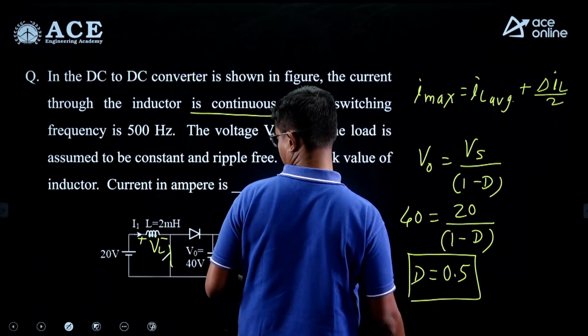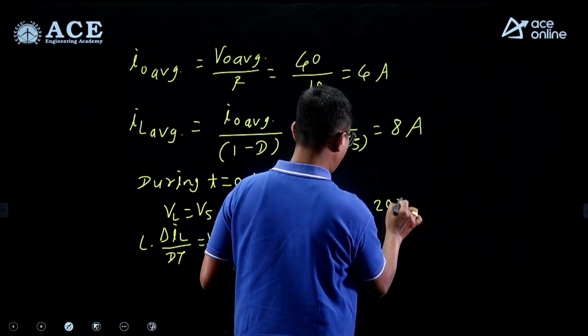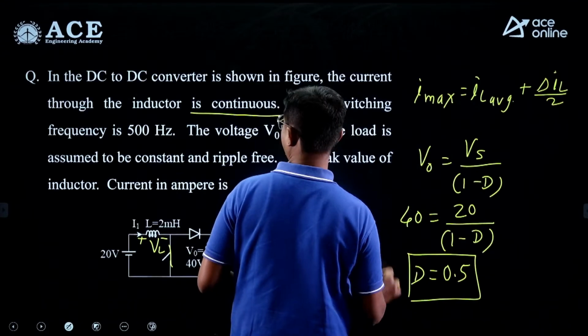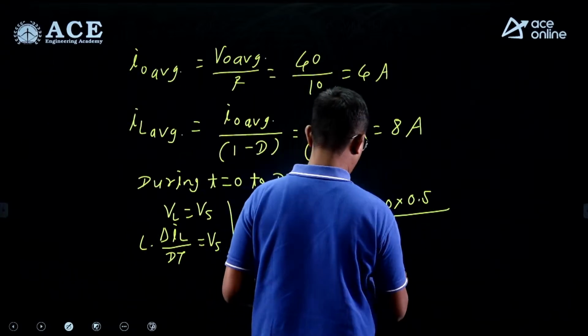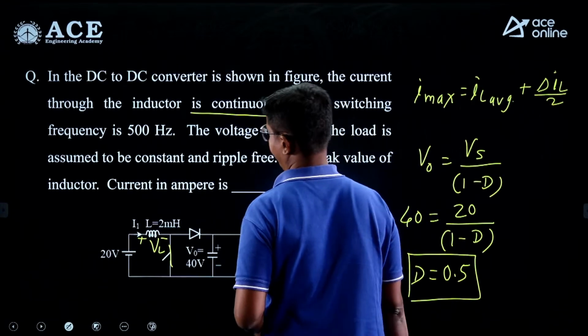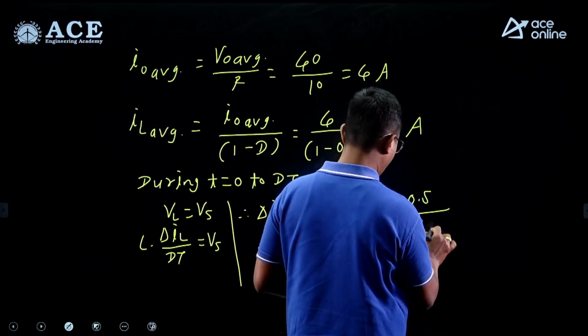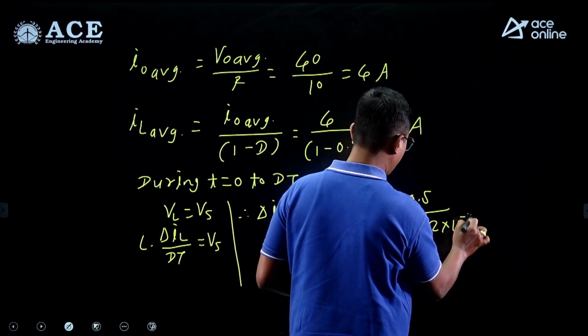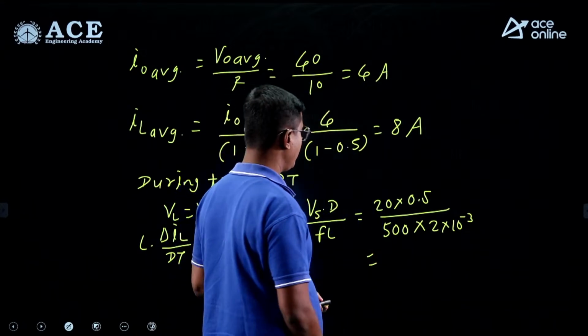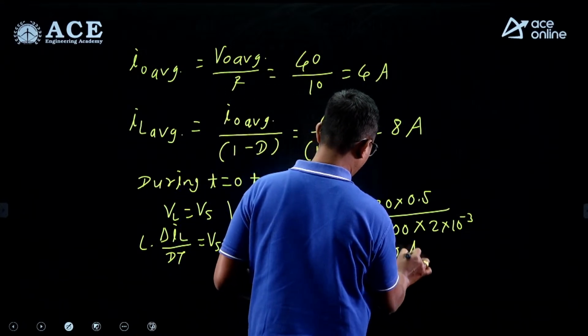Okay, now put the values. Supply voltage is 20 volt, duty cycle is 0.5 upon frequency they have given it is 500, and inductor value is 2 millihenry, that is 2 into 10 to the power minus 3. After simplification you will be getting it as equal to 10 ampere.